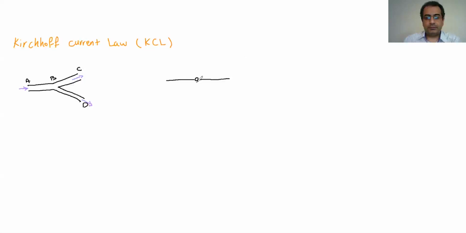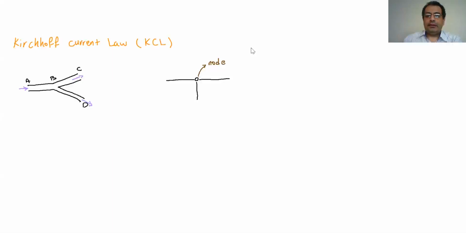So if I have a node here, okay, that's a node. And any node is the junction of wires. In simple words, a node is a junction of wires.